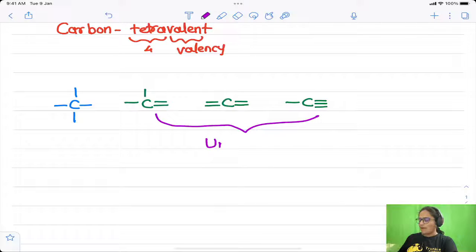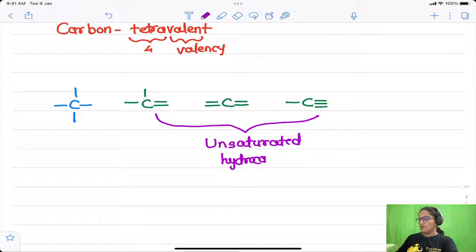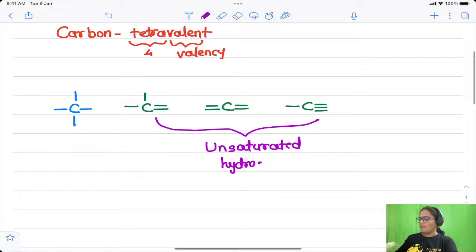Therefore we call them unsaturated hydrocarbons, because all of their 4 valencies are not satisfied by hydrogen atoms.